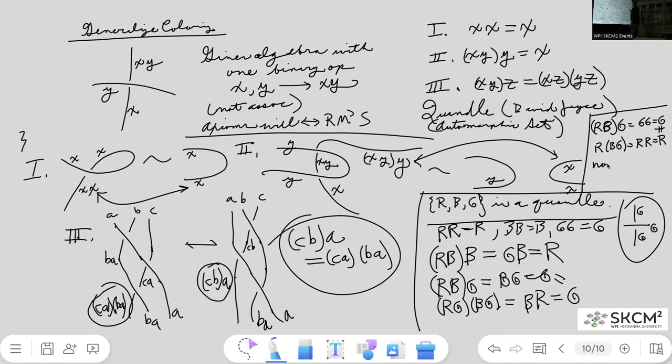Not associative. The fact that this algebra is non-associative is very important because the relationships that we're getting out of the knot diagrams are really non-associative. Try drawing some pictures and you'll see. So that's a quandle. And now we can indicate lots of examples of quandles, many more than just RGB.